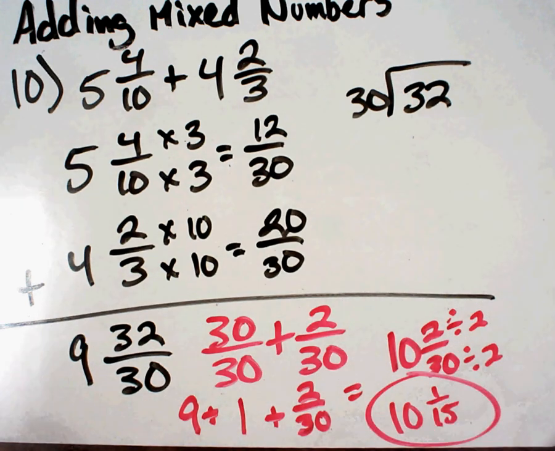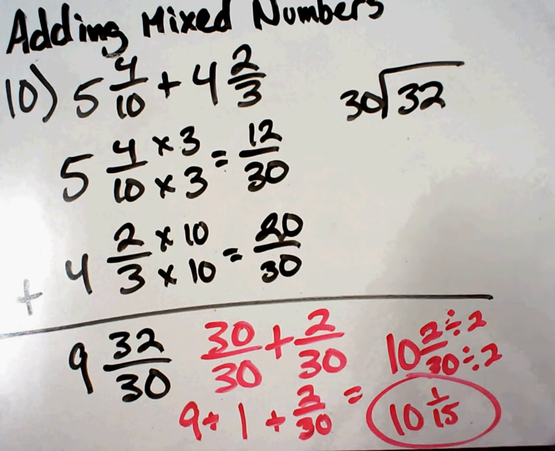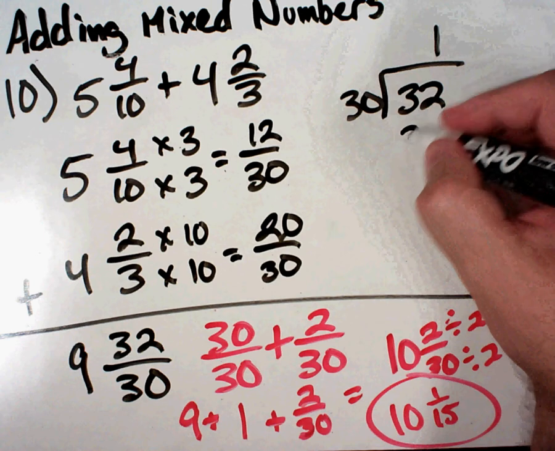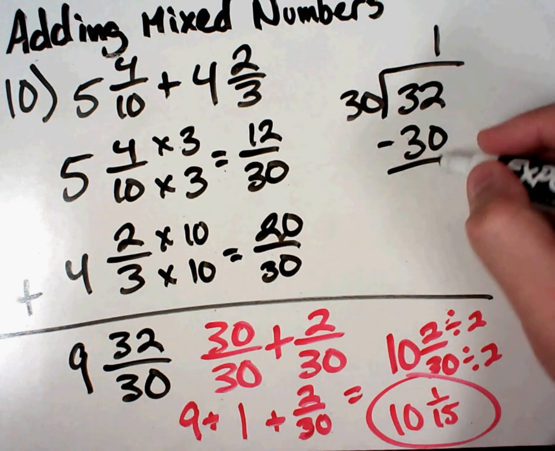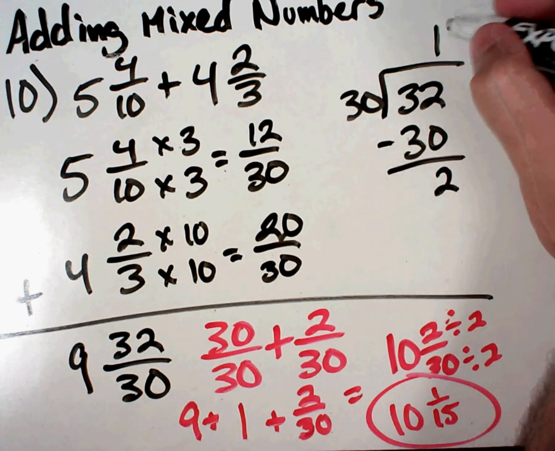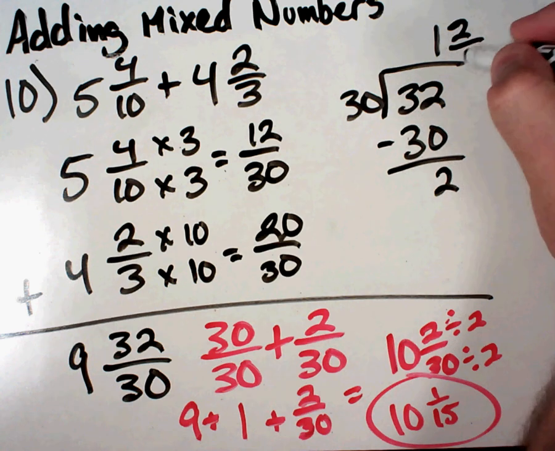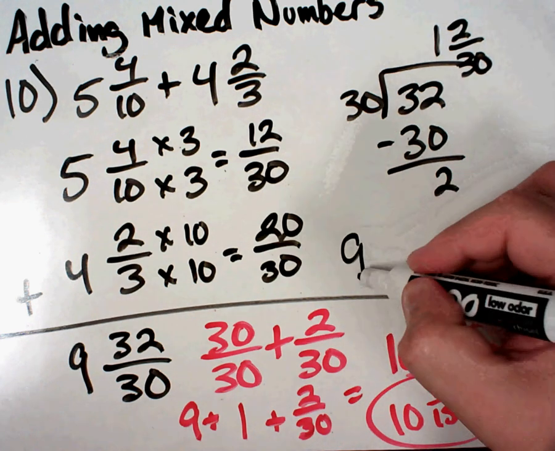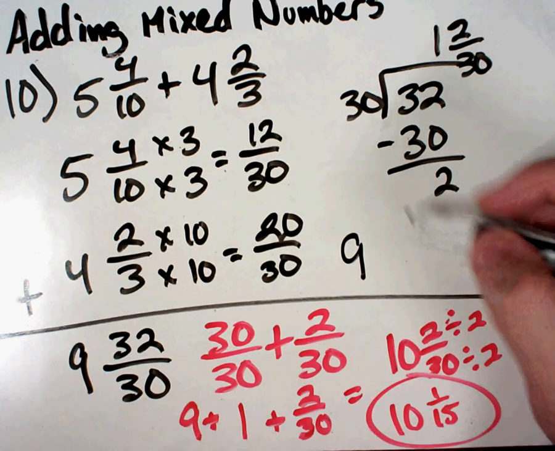All right, let's go ahead and go through with the division as well, so we can see it both ways. 30 goes into 32 one time. 1 times 30 is 30. 32 minus 30 is 2. And so my answer is 1 and 2/30. Got my 9 from over here. Got to remember my whole number.